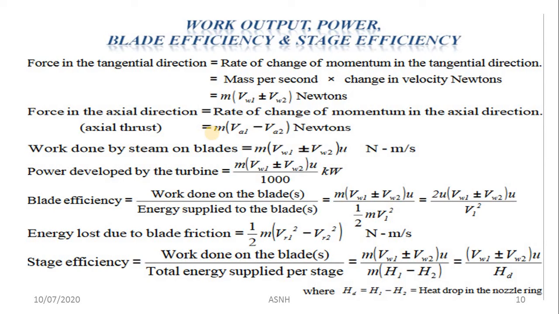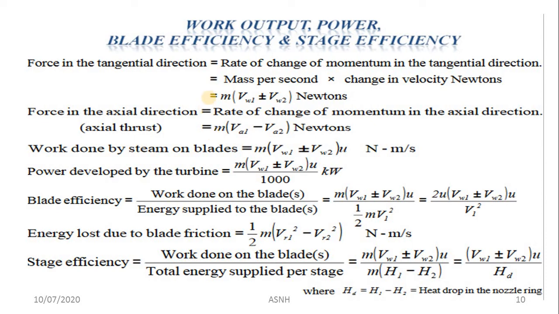This is the most interesting part we will discuss after completion of the 2-3 lectures on the introduction and theory. Here you will get an idea about the work output, that is power, the blade efficiency and stage efficiency of the steam turbine.